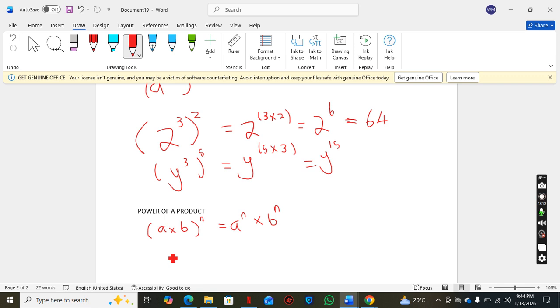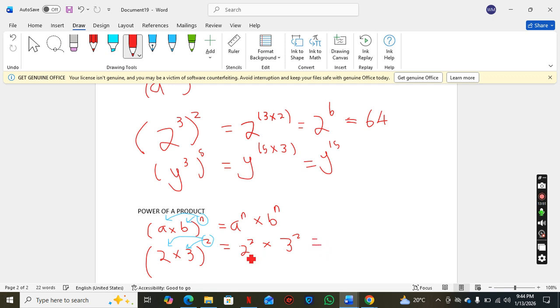Okay, so for example, if you have 2 times 3 to the power 2, what's happening here is this power, you're distributing it to the numbers inside the bracket here and here. That's the same thing we did here. Distributed this power here and here. So this is the same as 2 to the power 2 multiplied by 3 to the power 2.